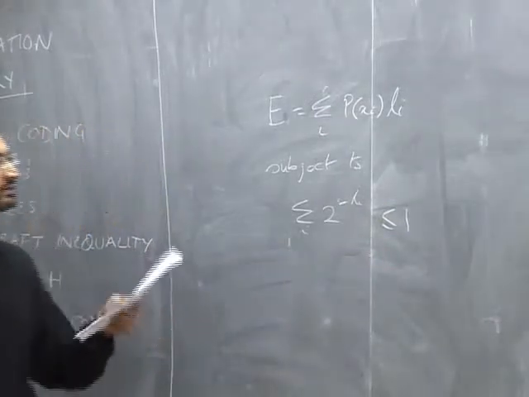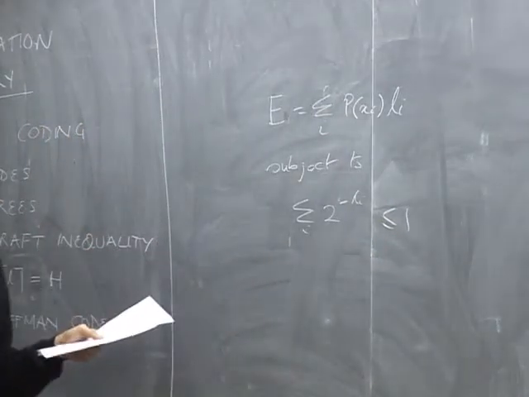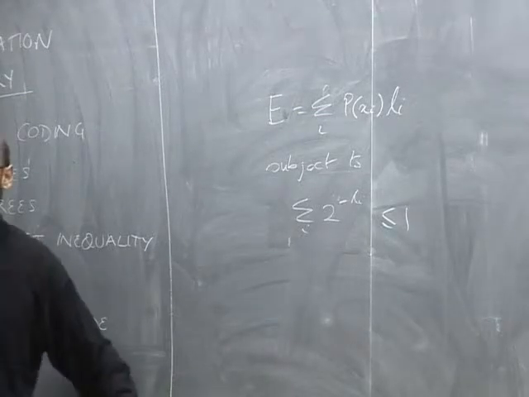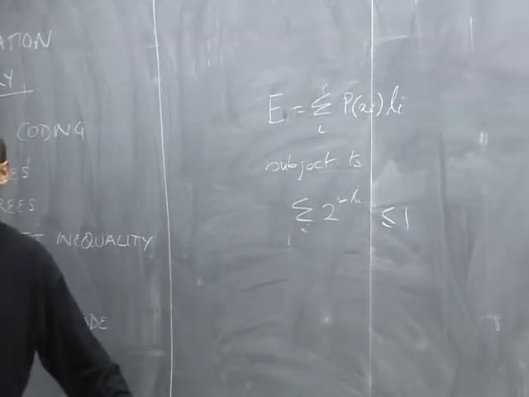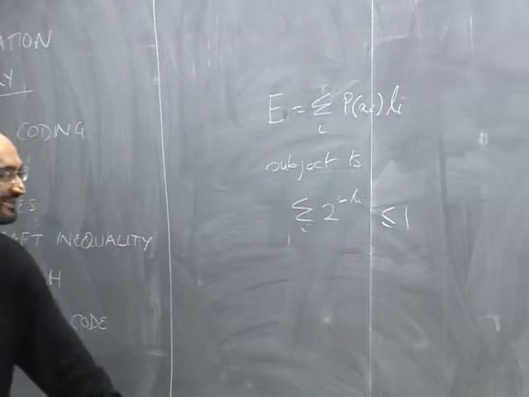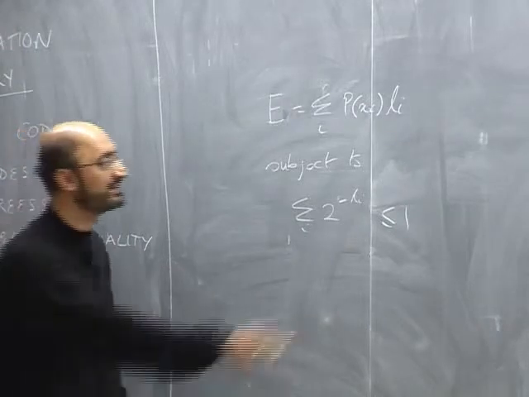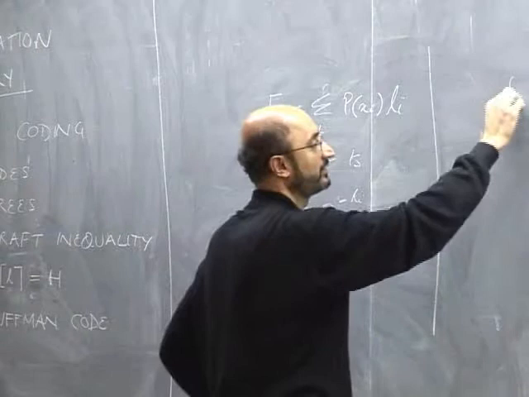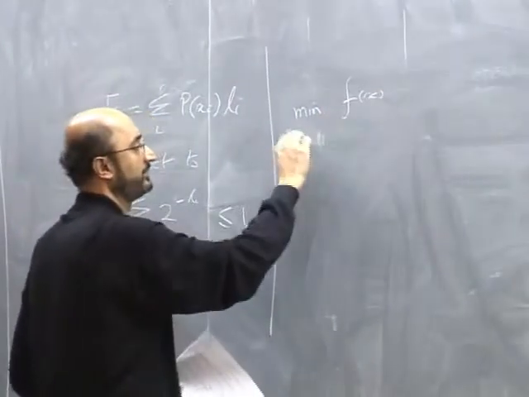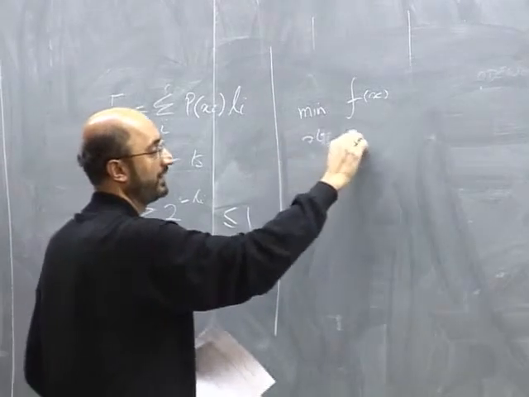So that's the Kraft inequality. If it's instantaneous, it has to satisfy this as well. So how many of you are familiar with the Lagrangian optimization method of Lagrangian multipliers? 1, 2, 3. Okay. So whenever we have a function f(x), we want to minimize or maximize f(x) subject to g(x).